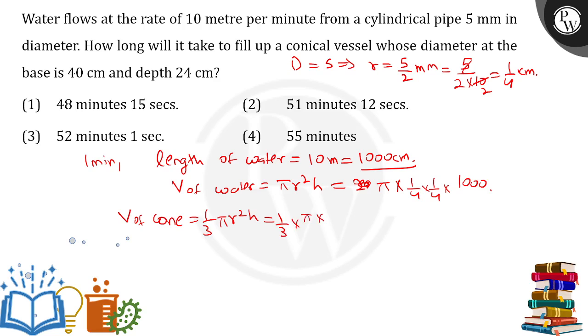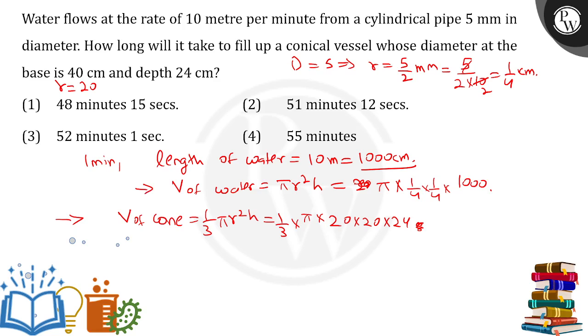Since the base diameter is given as 40, r will be 20. So 20 into 20, and the depth, that is our height, is 24. You can do the calculation here, but the important thing is this is the total volume which should be filled, and this is the volume filled in 1 minute.